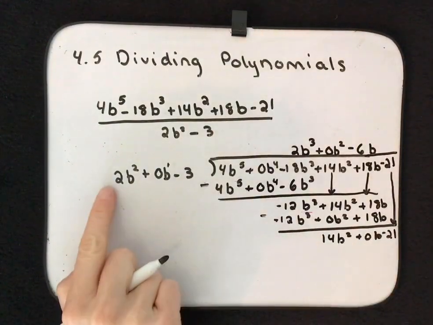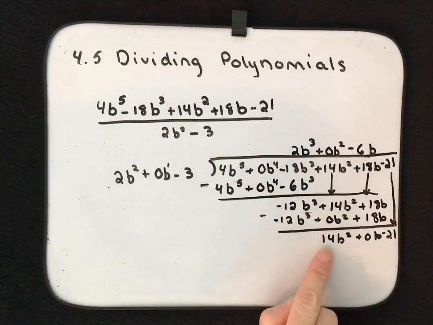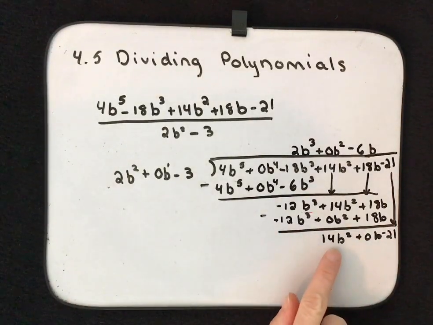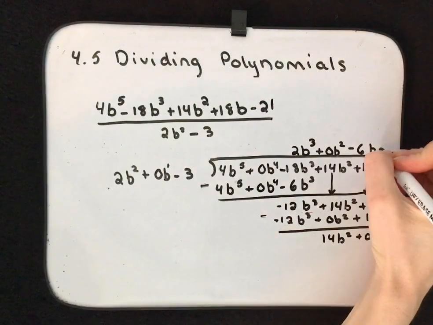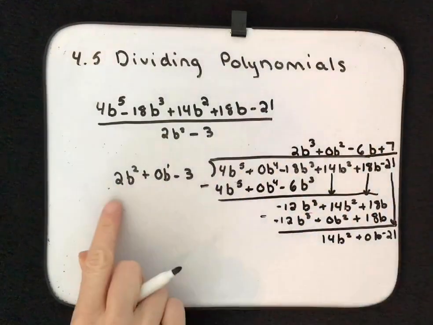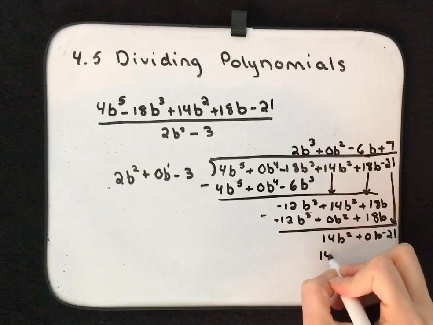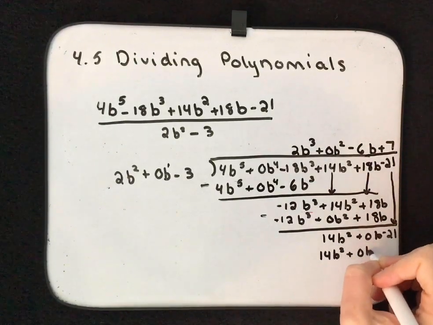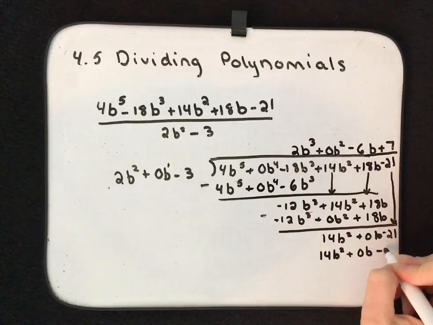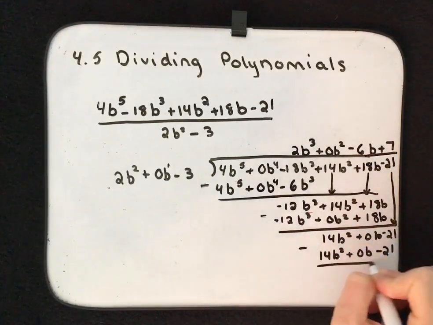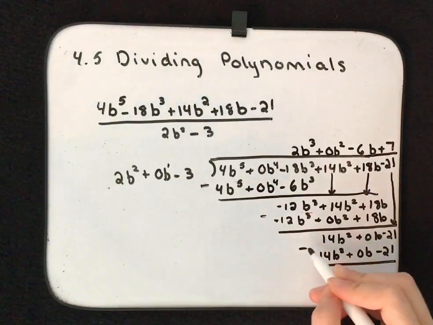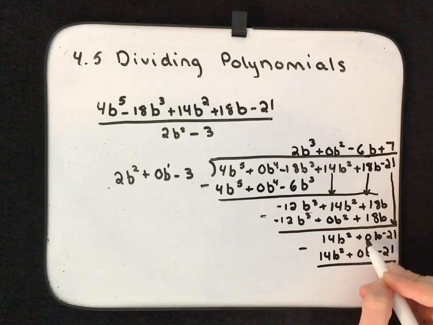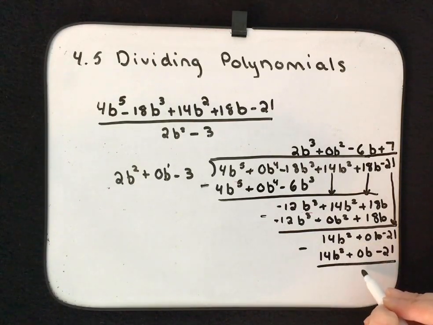So let's look again. Now I have 2b to the second and 14b to the second. So what do I multiply by 2b to the second to get 14b to the second? We need to multiply by positive 7. 7 times 2b to the second is 14b to the second. 7 times 0b is 0b. 7 times negative 3 is negative 21. 14b to the second minus 14b to the second gives us 0. 0b minus 0b gives us 0.